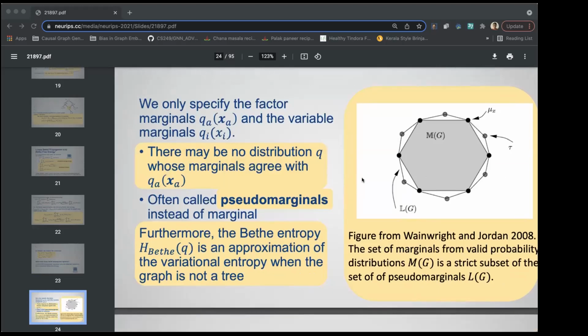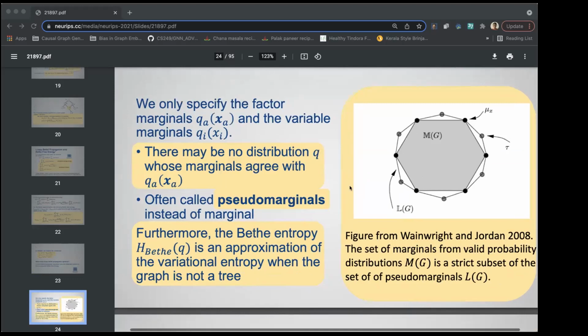And notably, there may be no distribution Q whose marginals agree with QXA. And so these are called pseudo marginals. And the Bethe entropy is an approximation of the variational entropy when the graph is not a tree.